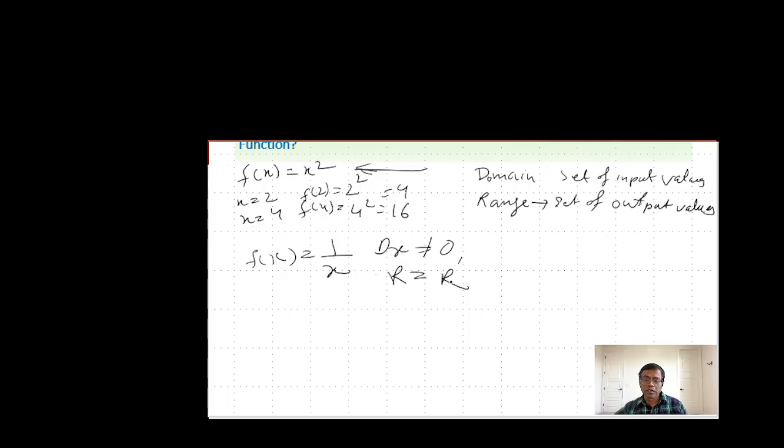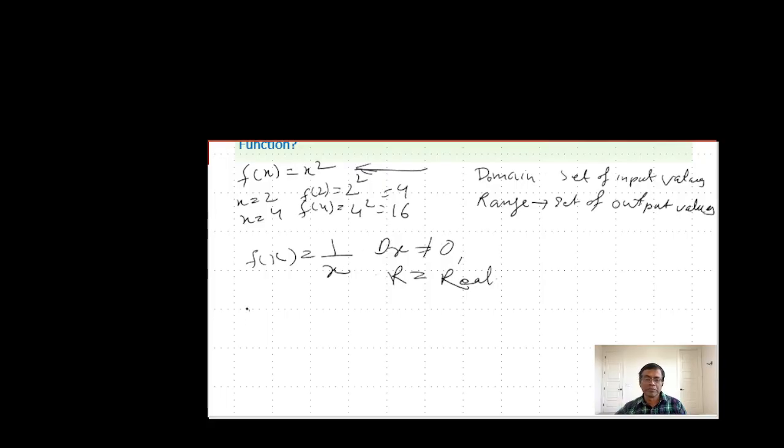There can be another expression where the range consists of real and imaginary numbers. So there are different types of domain and range. All we need to look at is what the restriction is.